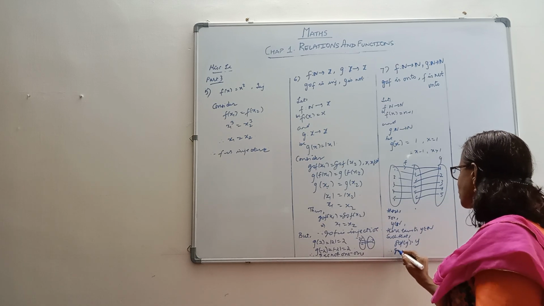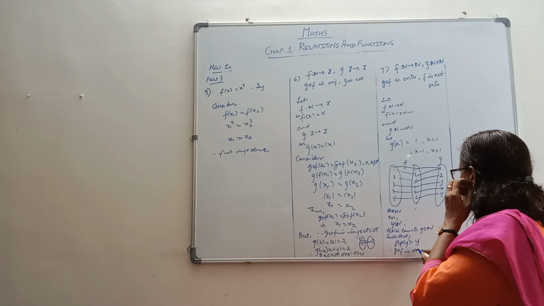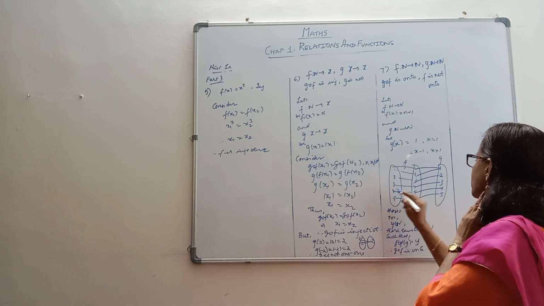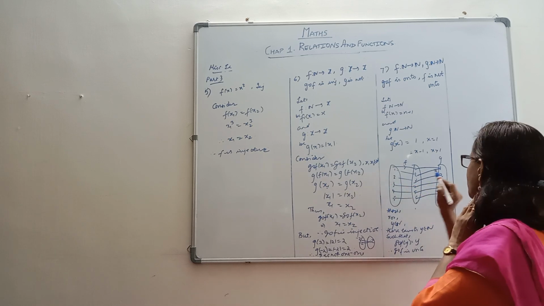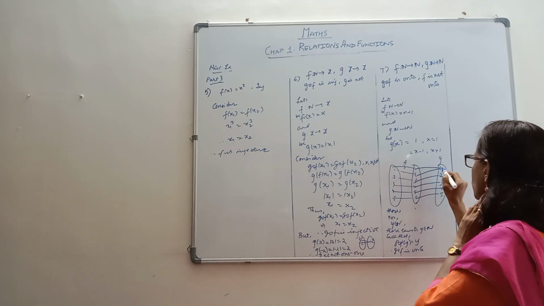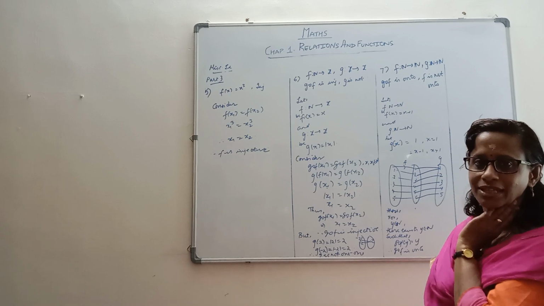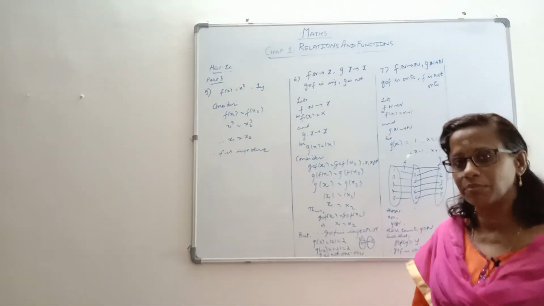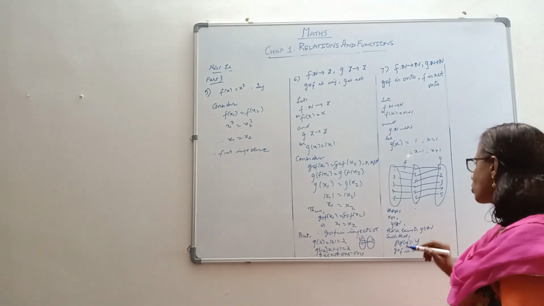So g of f is onto. You can check, 5 is going to 5, 4 is going to 4, 3 is going to 3, 2 is going to 2, 1 is going to 1. For everything you have a preimage. You take any number, you have the preimage, and that's the same number. So that is why it is onto.